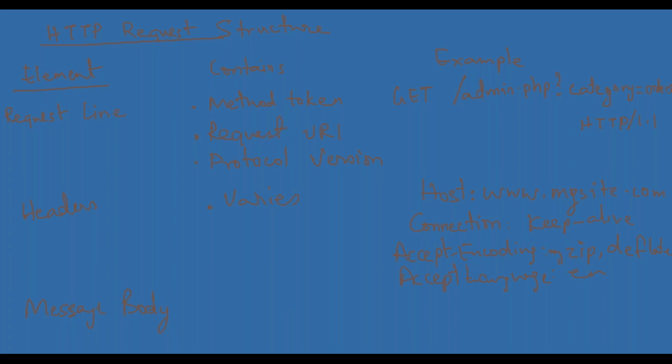Similar to this, we have an HTTP response structure as well. In the response structure, the first component is your status line. The status line will indicate the protocol version and what is the status code.